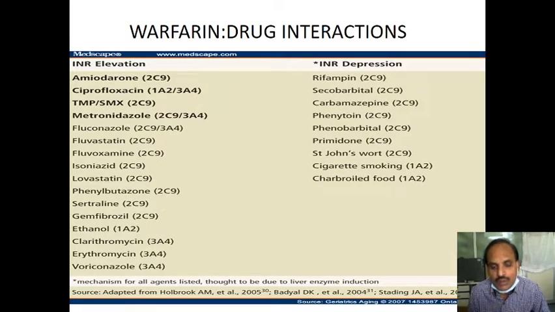It will lead to still some type of a bleeding risk. However, it could lead to therapeutic failure also in the initial days, because if rifampicin, phenytoin, phenobarbital are given, those drugs will accelerate the metabolism of warfarin, the warfarin levels will fall and that will lead to failure of therapy with warfarin.